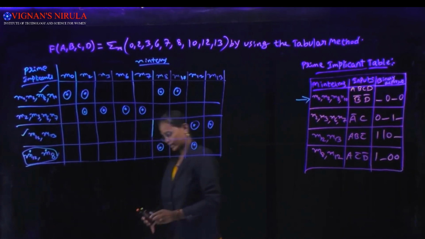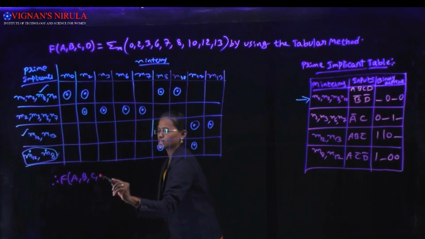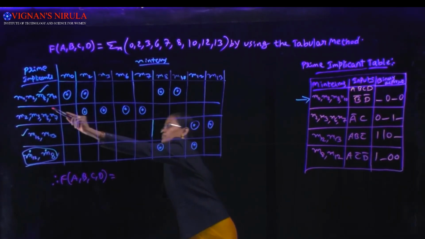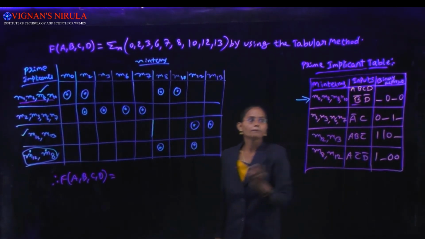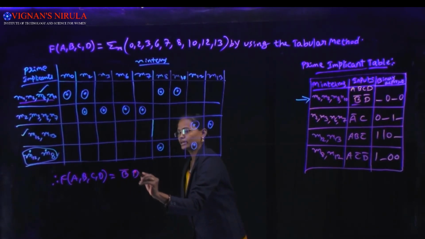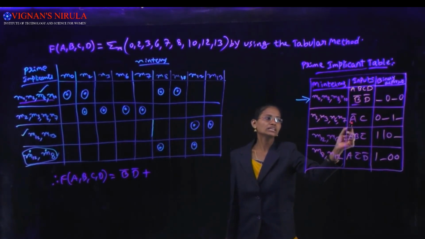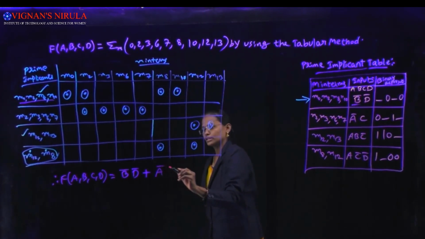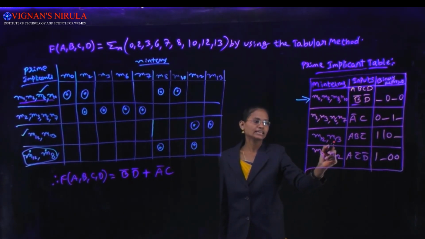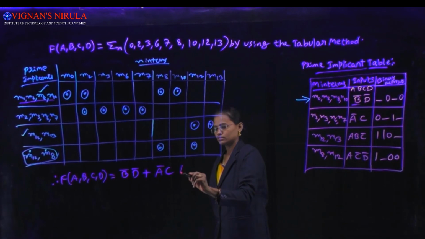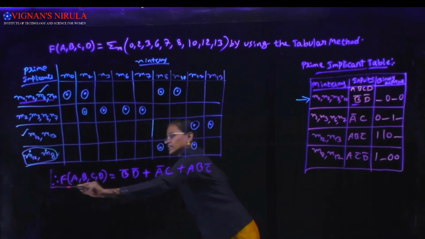So finally we write down the equation, that is, therefore f of a comma b comma c comma d equals, in this group 0 2 8 10, b bar d bar, plus, and next 2 3 6 7, in this group we use a bar c, plus, and next M12 and M13, in this group a b c bar. This is the Boolean equation for the given problem.